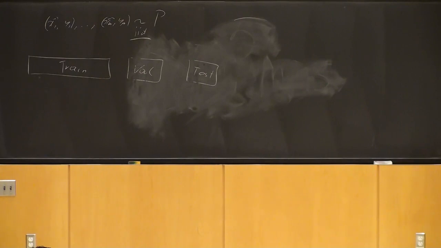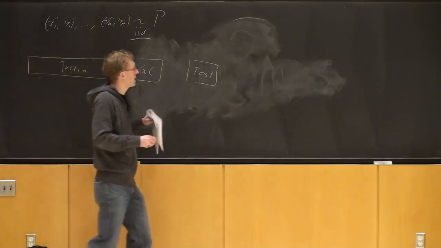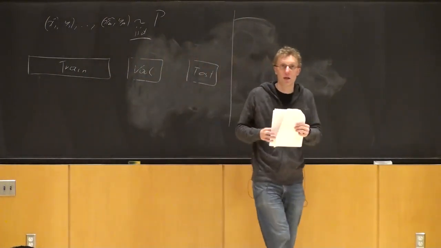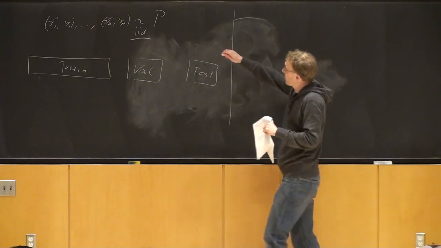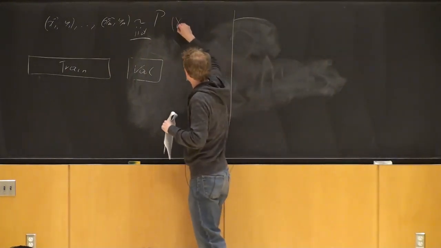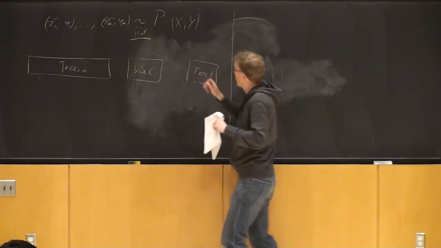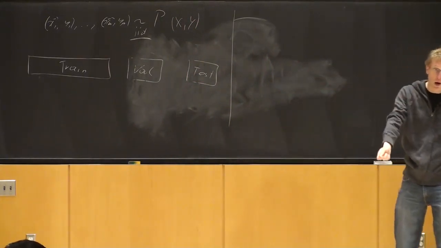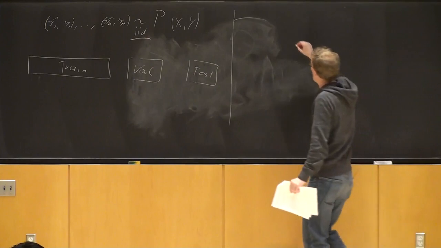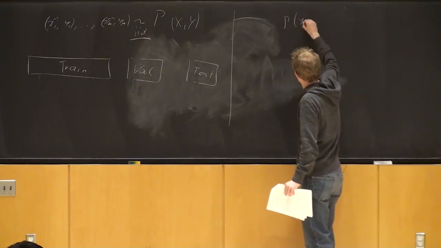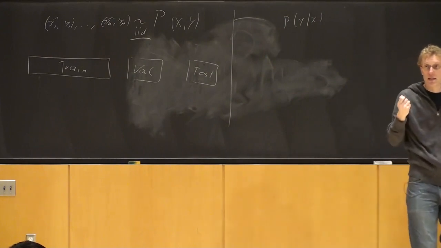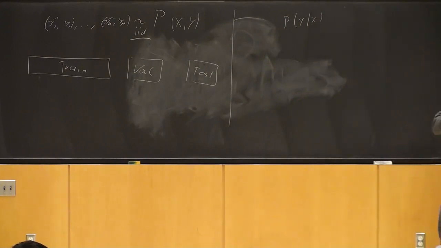Okay, good. So then we went to K-nearest neighbors. K-nearest neighbors is one specific algorithm, and actually, let me just talk about the different types of algorithms that we learned. So we have this distribution P over X and Y. Ultimately, given an X, we would like to make a prediction over Y. So that is exactly this distribution, P of Y given X. If you have this distribution, then it's easy.